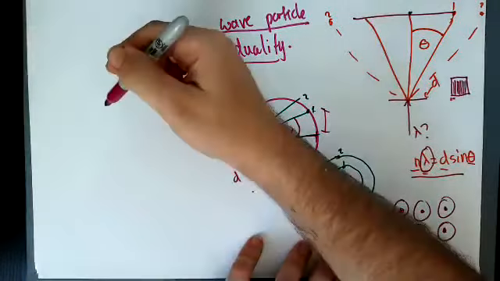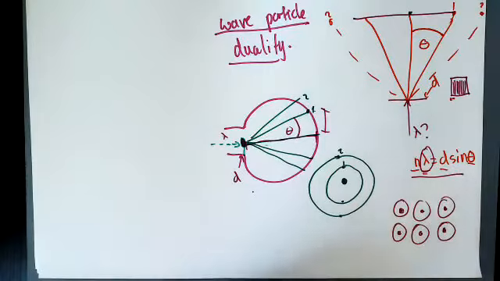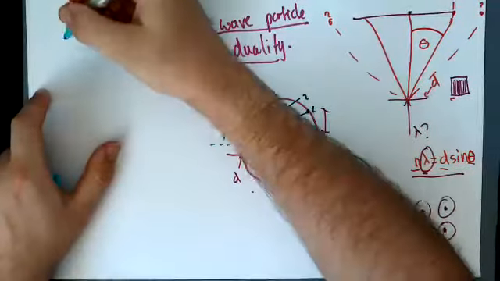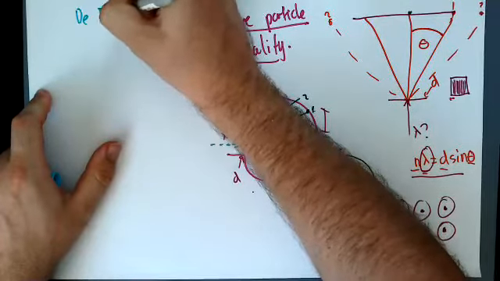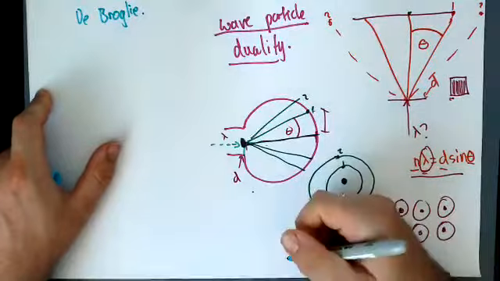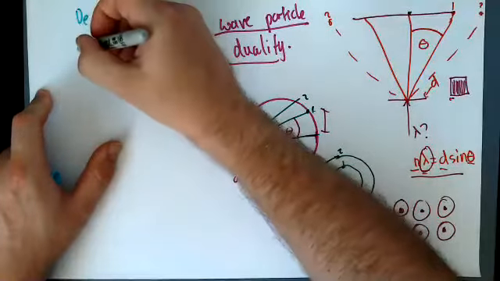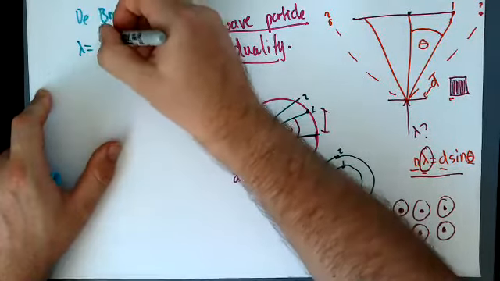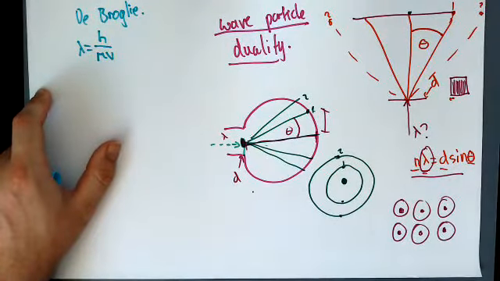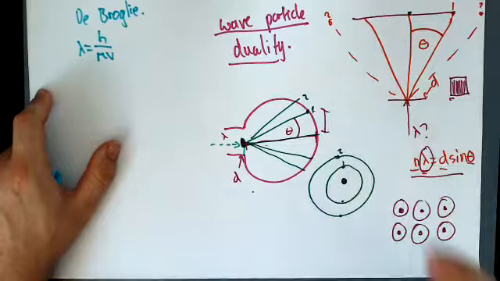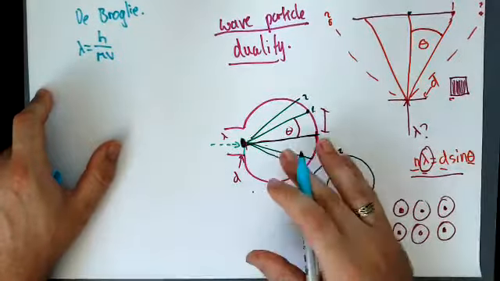Well, we come to the part of this video where we talk about the wave-particle duality equation, as I like to call it, or the de Broglie equation. De Broglie is a French name, and he came up with the equation lambda equals h over mv. Now, this equation should only be used when talking about particles acting as waves, okay?